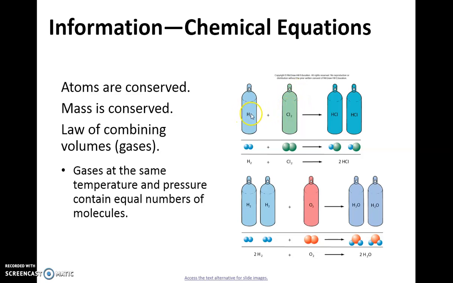When we put those together, we end up with 2 parts hydrochloric acid. Down here we have H2 and O2, and when these combine, we're going to end up with 2 parts of H2O vapor. So we have the same number of molecules.